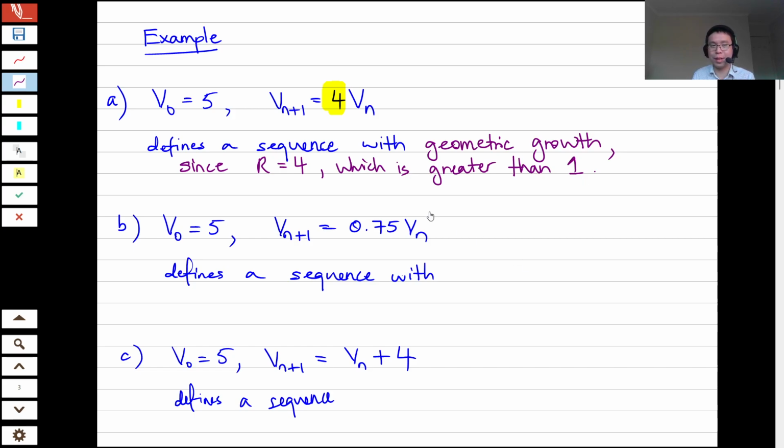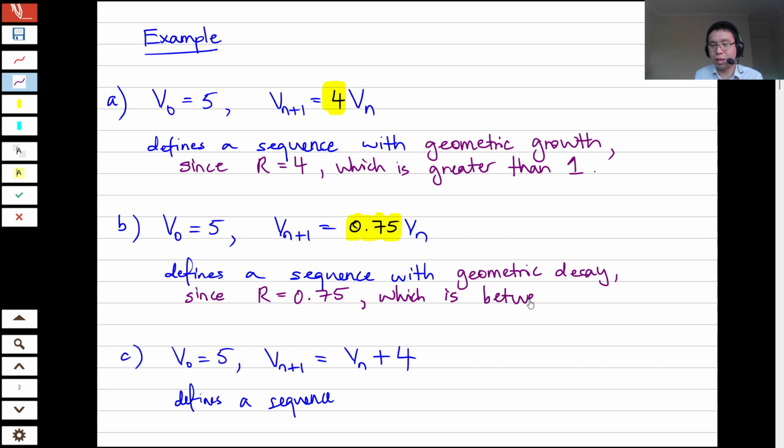All right, next example. In this second sequence, my common ratio is 0.75. This number is between 0 and 1. So this time, the recurrence relation is going to define a sequence with geometric decay. Since the common ratio, capital R, is 0.75, which is between 0 and 1.